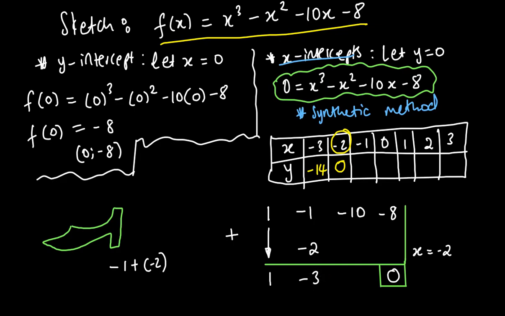Then you say, what is -3 multiplied by -2? -3 times -2 is 6. Then you're gonna say, what is -10 plus 6? So -10 plus 6, that will be -4. Then after that, we say, what is -4 times -2?